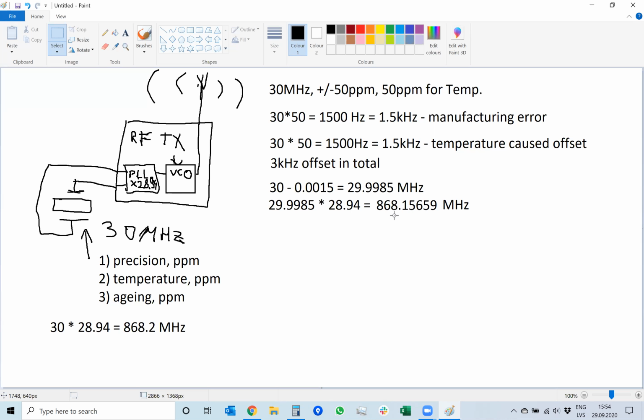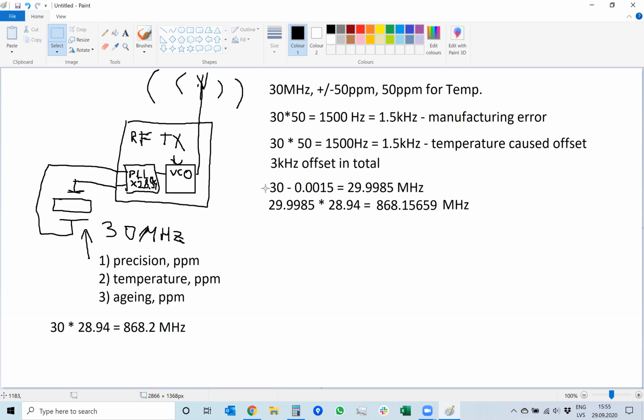So receiver tunes to the same center frequency using a similar, almost same crystal. Let's say that for receiver, we picked the fastest crystal, which has deviation of plus 50 ppm. It means that it will have 1.5 kilohertz higher frequency than expected. And let's say we put it in cold temperature where this crystal shrinks, for example, outside in the winter, it starts to oscillate faster.